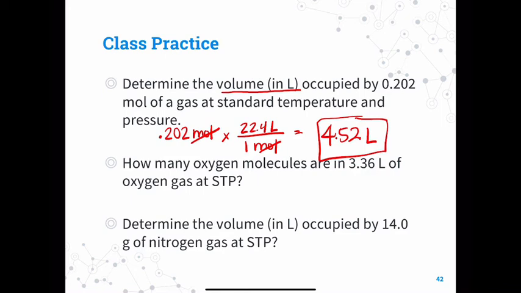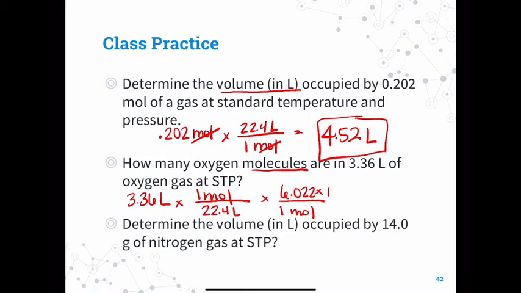The next one, how many oxygen molecules are in 3.36 liters? So we have to get to molecules of oxygen gas, but it doesn't matter what gas it is because all gases are the same. So we know there's 22.4 liters in 1 mole. And then in 1 mole, we have 6.022 times 10 to the 23rd molecules.